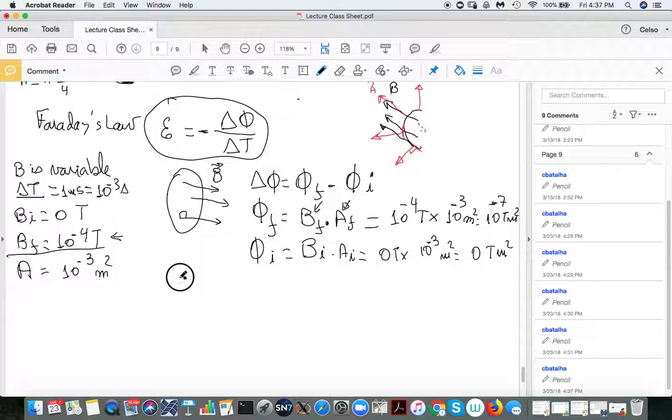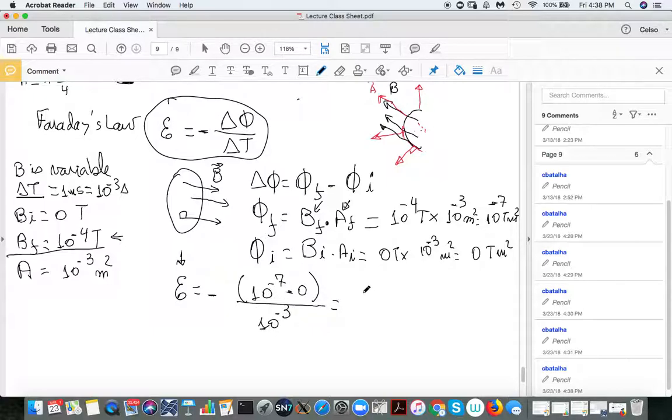So if we do that, we find this quantity, which is the symbol of electromotive force. The electromotive force is the negative of delta phi, which is final minus initial, divided by the time.